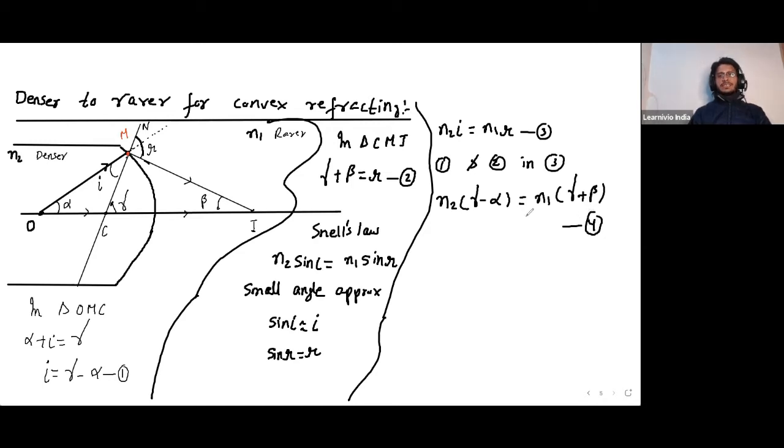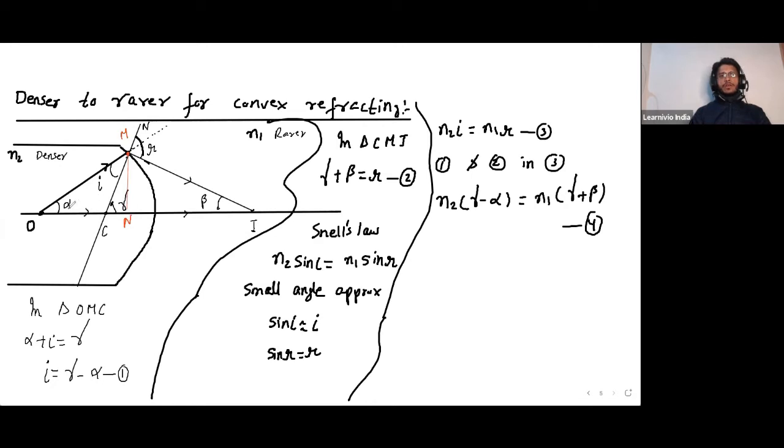The next task is to somehow convert this alpha, beta, and gamma in terms of sides, in terms of length. For that, we can drop a normal here. To calculate these values of alpha, beta, and gamma, just drop a normal here. I call this N.